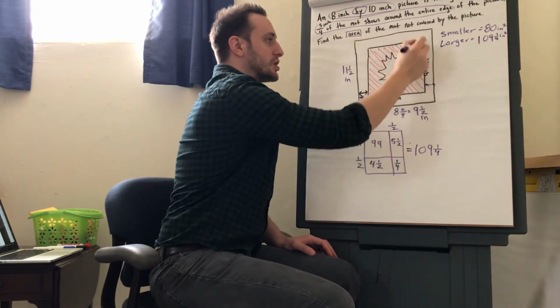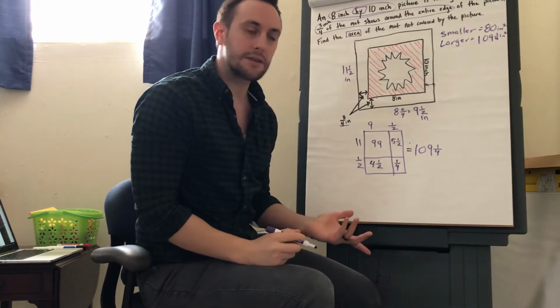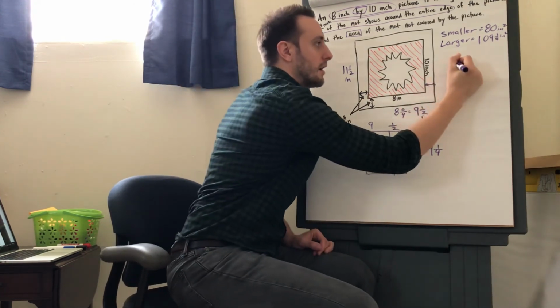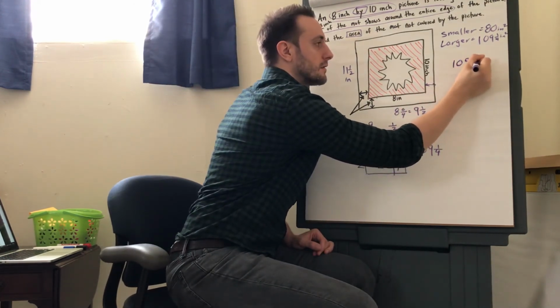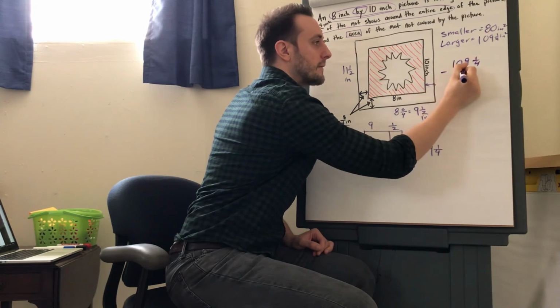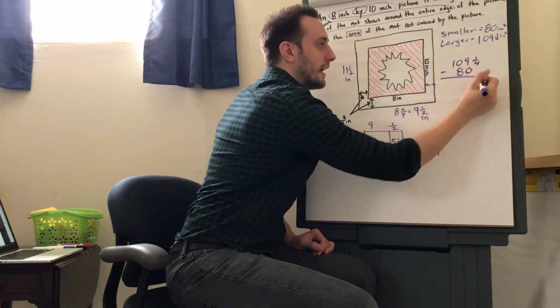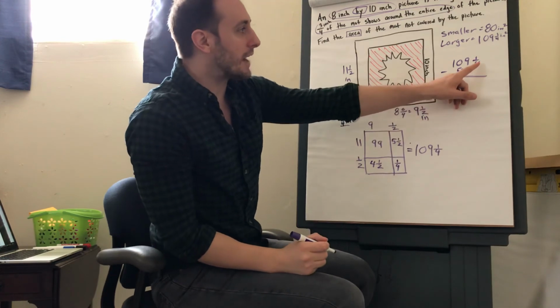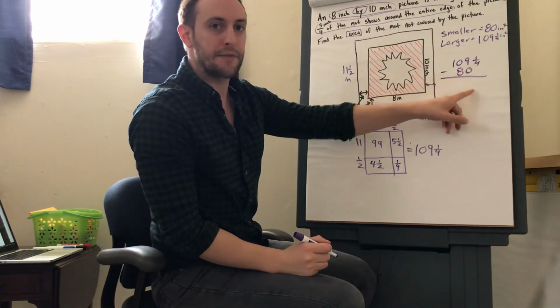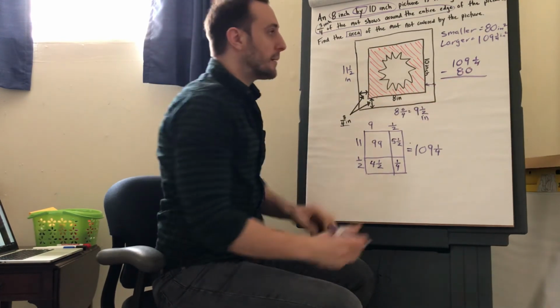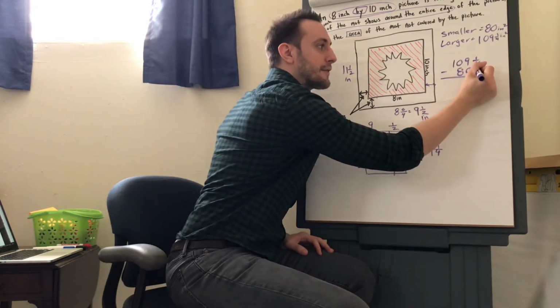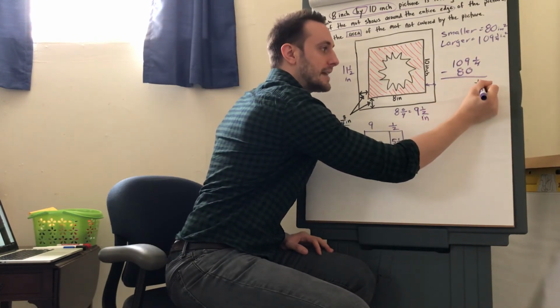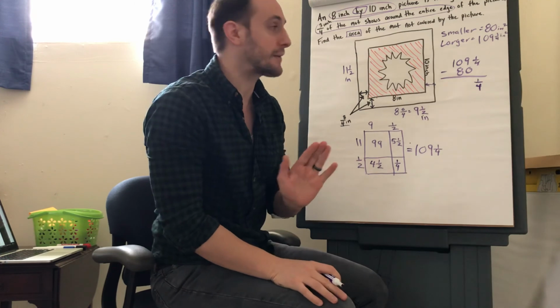So in order to find just this part, I have to subtract. So I'm going to go ahead and subtract the larger, take away 80, and I don't usually like to write the fractions on top of each other, but I can here because 80 doesn't have a fraction, so the fraction just comes right down because I'm not taking away anything from the fraction.